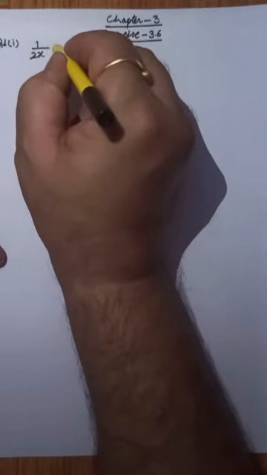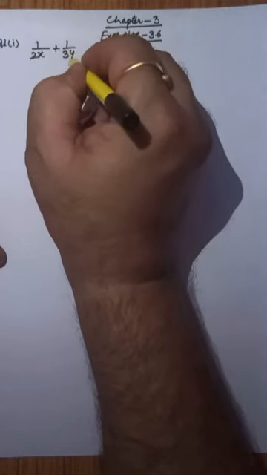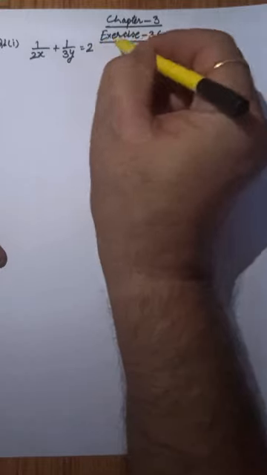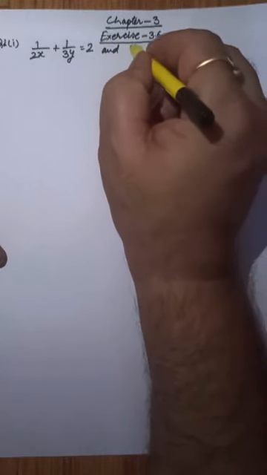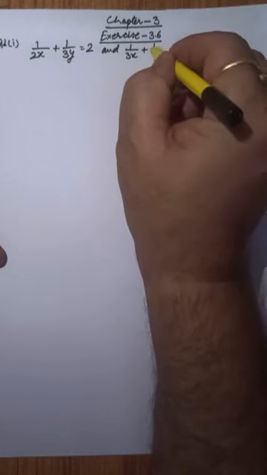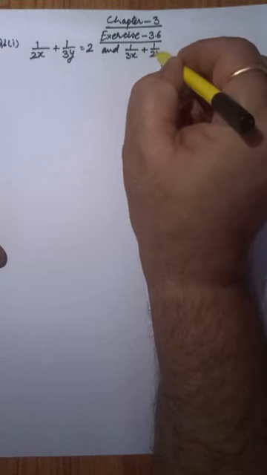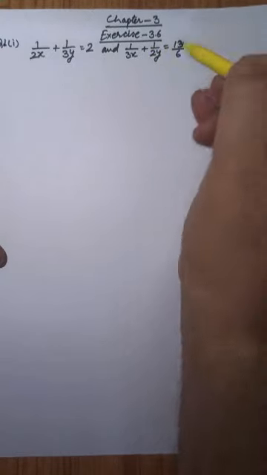Equations are 1 upon 2x plus 1 upon 3y is equal to 2, and the other equation is 1 upon 3x plus 1 upon 2y is equal to 13 by 6.